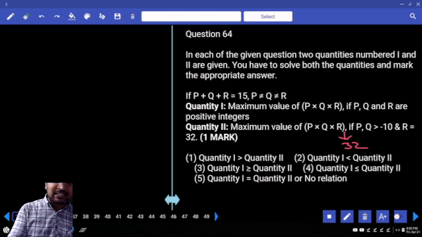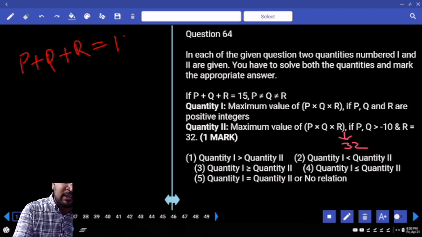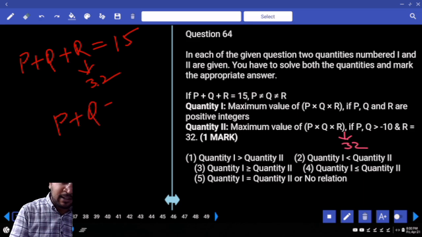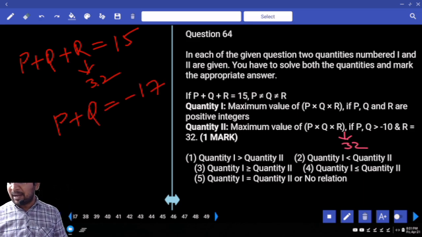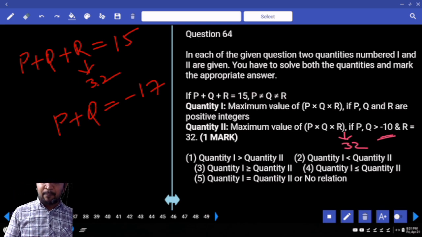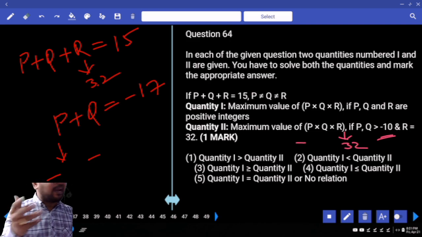P plus Q plus R together is 15 na? If R is 32, this 32 comes to the side. And P, Q are greater than minus 10 na? Greater than minus 10 is nothing but P value is negative value. Q value is also negative value. Some negative value, whatever it may be.